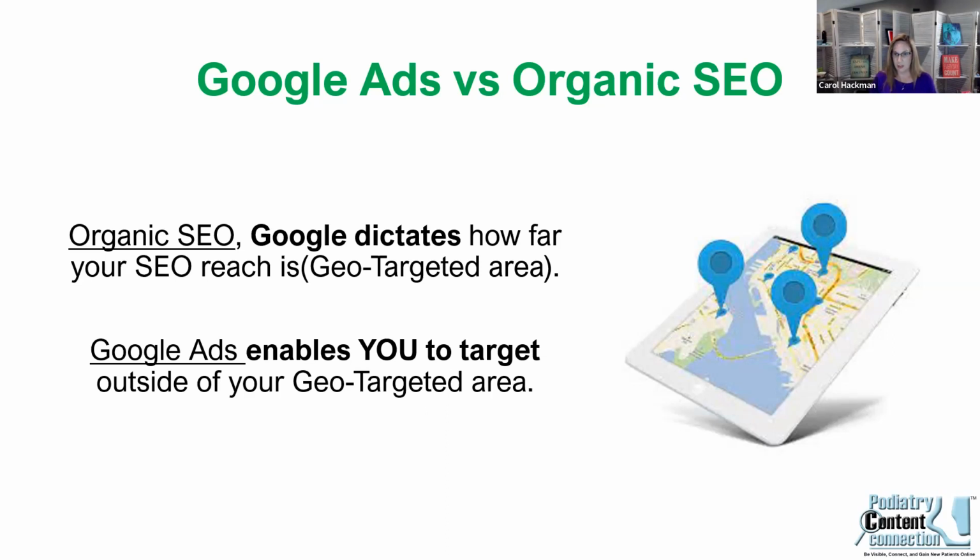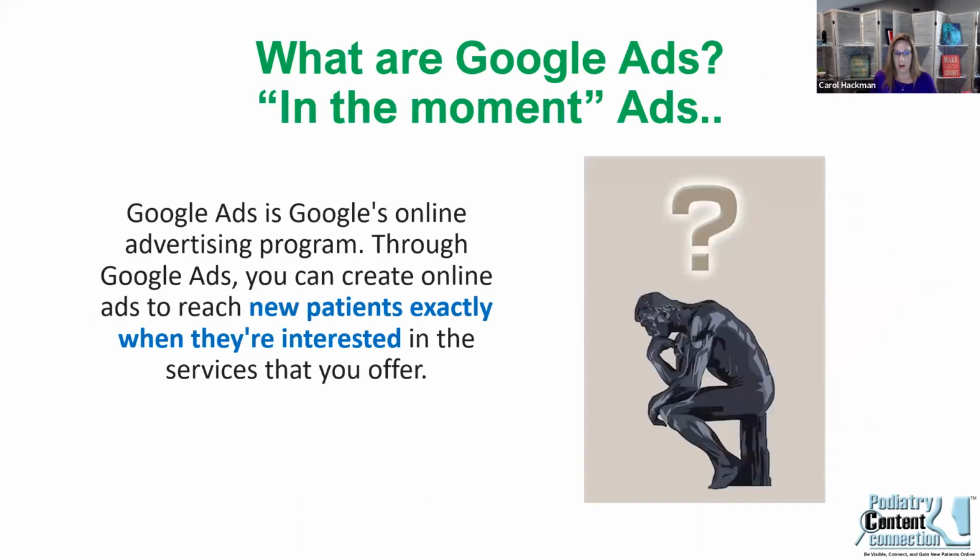I've talked with podiatrists who know that in certain areas, they don't even try marketing there because it's highly densely populated with other podiatrists. But they know if they go this direction, there are not as many. So that's where they're going to spend their Google Ads. It's all about how strategically you do it. With Google Ads, you get to target where you want to go, so you're able to cast a wider net because you get to say how far it goes.